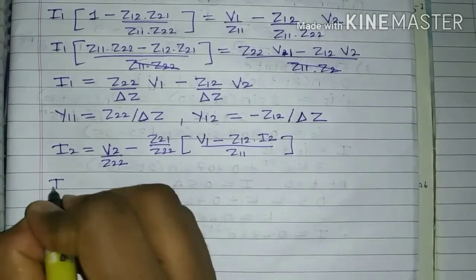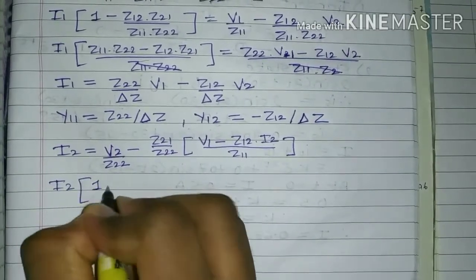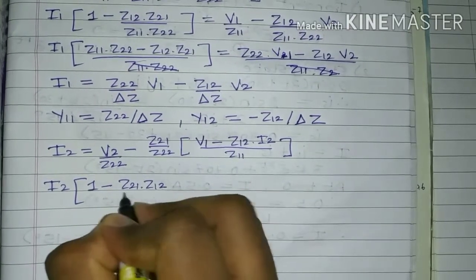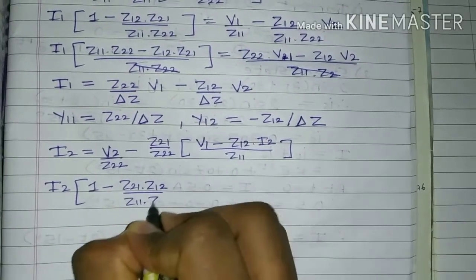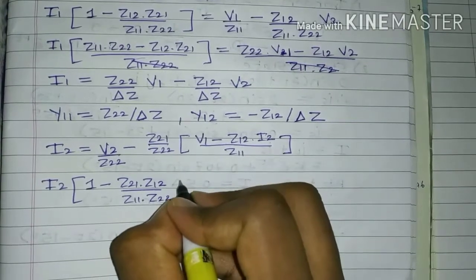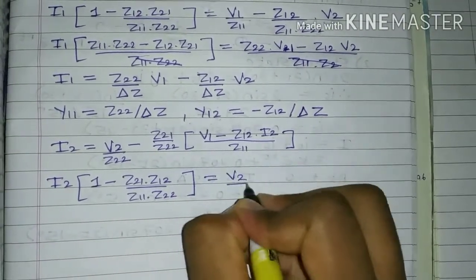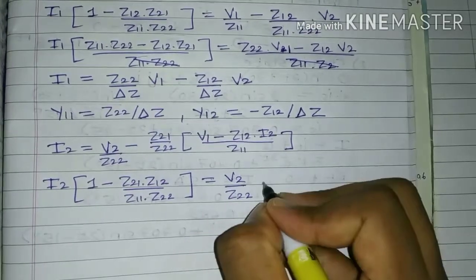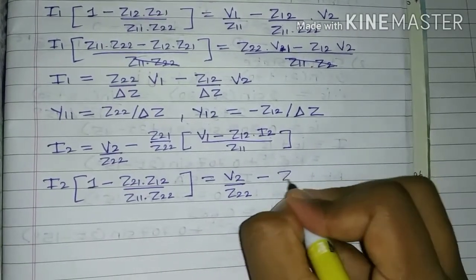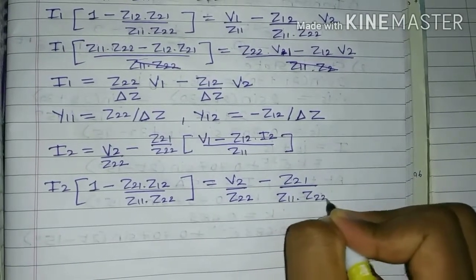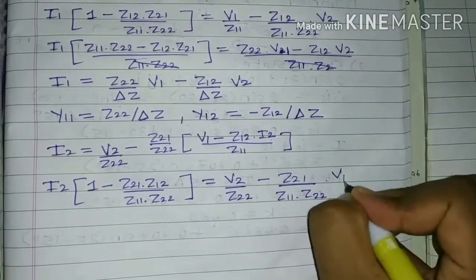So on simplification, you get I2 into (1 minus Z21 into Z12 upon Z11 into Z22) is equal to V2 upon Z22 minus Z21 upon Z11 into Z22 into V1, correct?